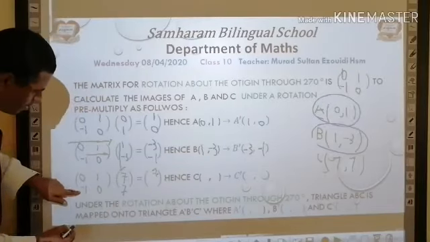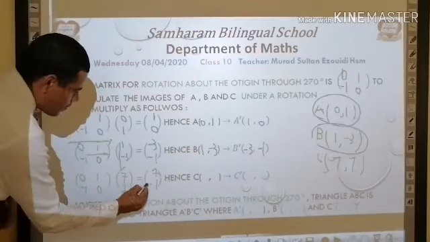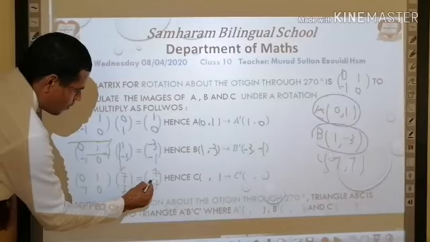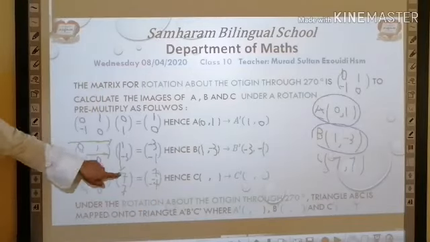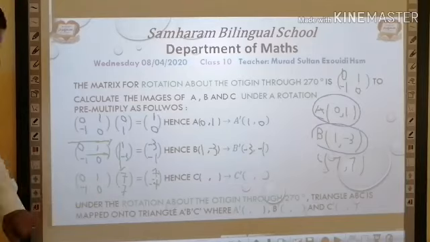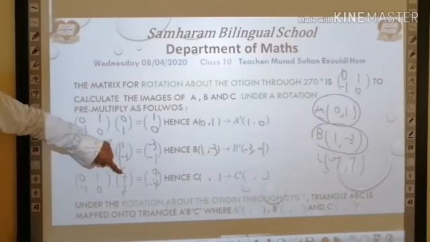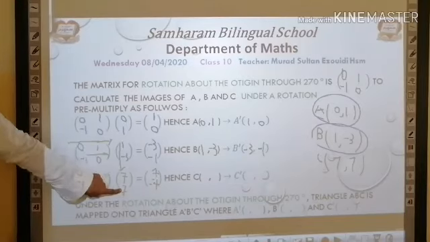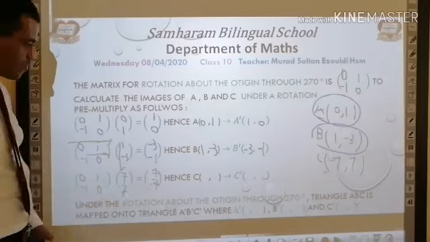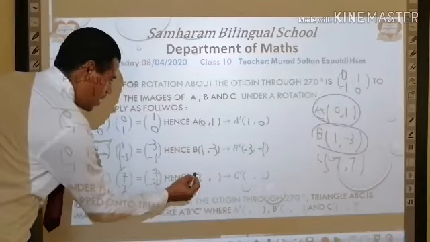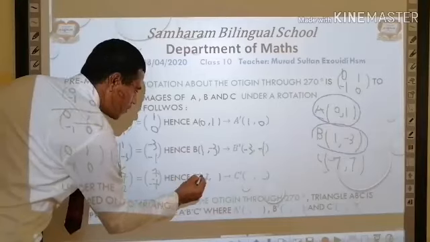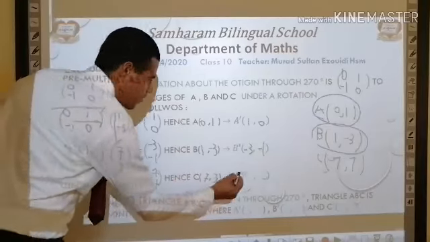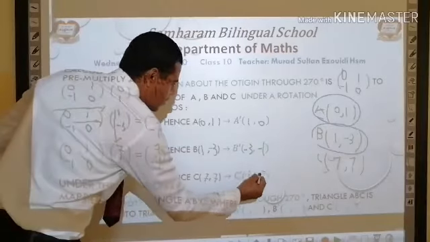This one will be negative 7. Why negative 7? Because 0 multiplied by 7 is 0, plus 1 by 7 is 7. Then negative 1 multiplied by 7 is negative 7, plus 0 multiplied by 7 is 0. Negative 7 plus 0 is negative 7. So I will write C as (7, 7), and here C prime will be (7, negative 7).